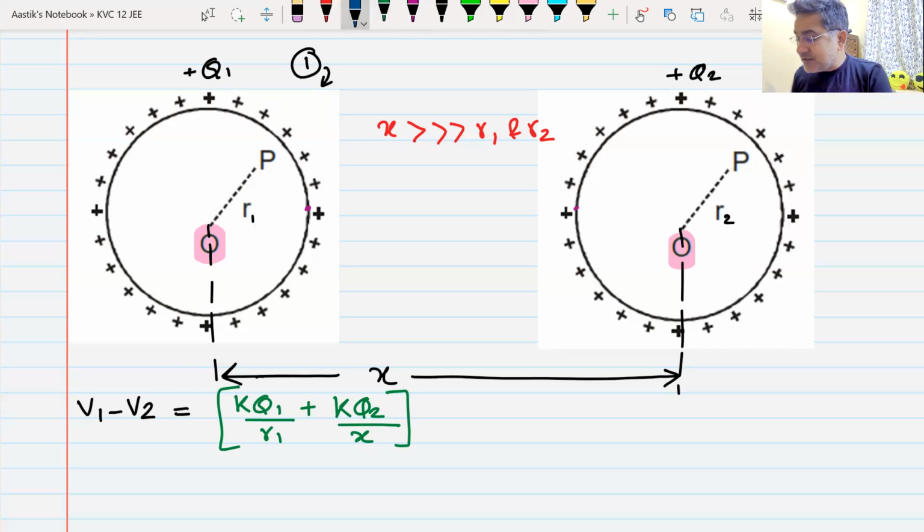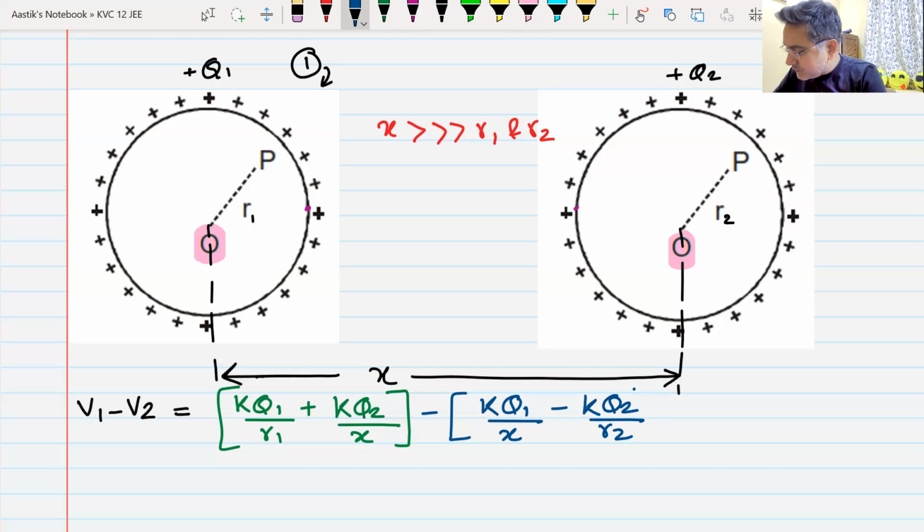Now you can find the potential at the center of the second sphere. It will be KQ1 by X minus KQ2 by R2. And that, my dear friends, is the answer for the potential difference between the two spheres. We have to find the potential difference between the centers of the two spheres. That is the point I wanted you to understand.